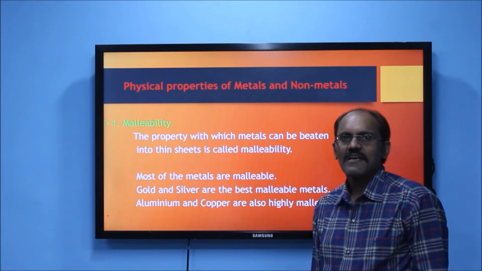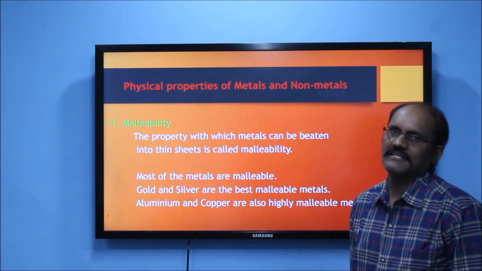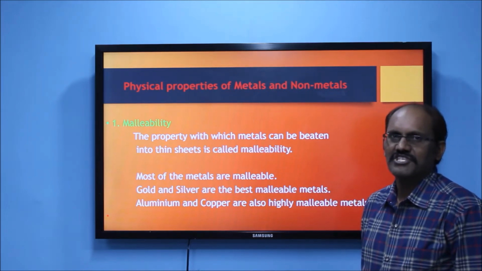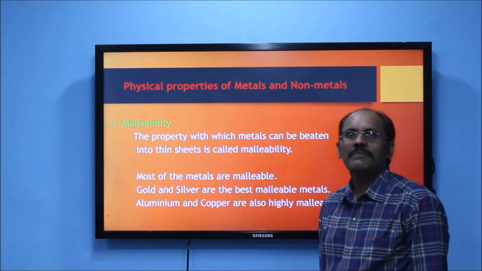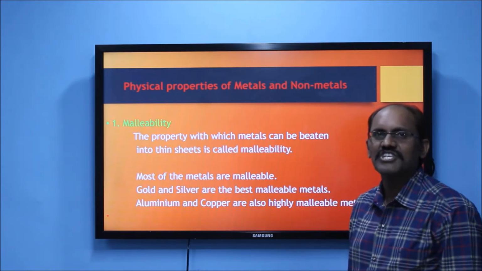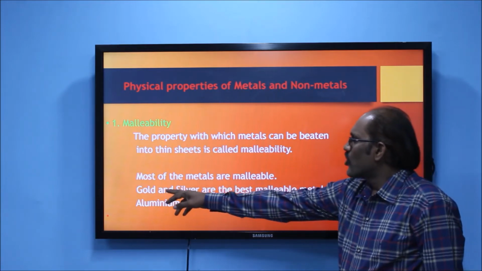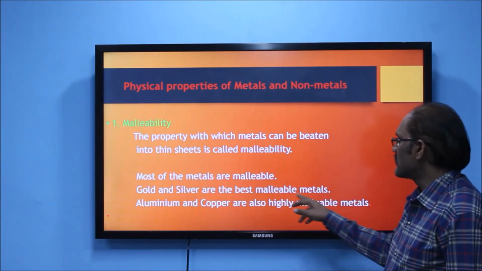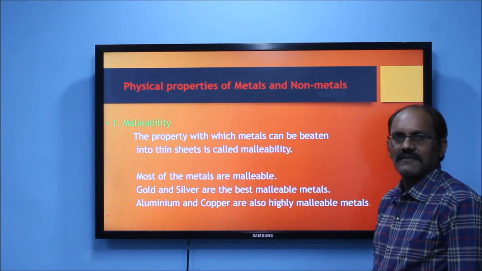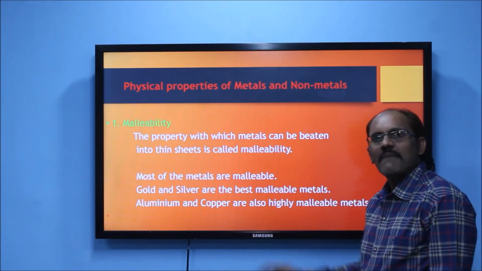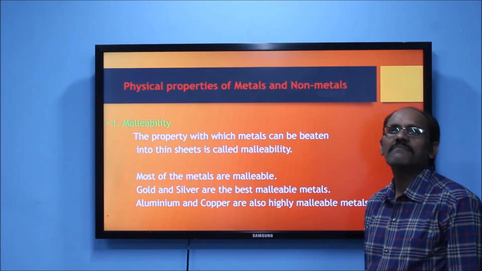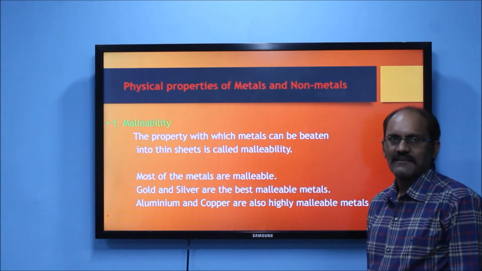Malleability is a physical property of metals by which metals can be beaten into thin sheets. For example, gold and silver are the best malleable metals. Aluminium and copper are also highly malleable metals.